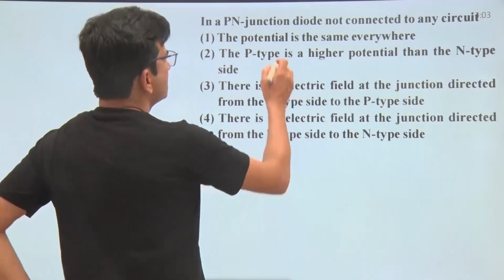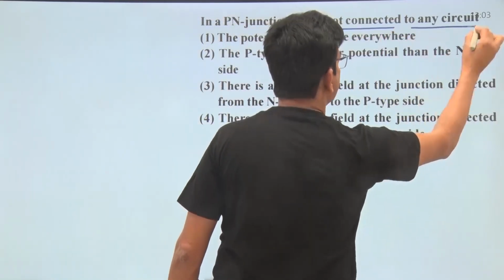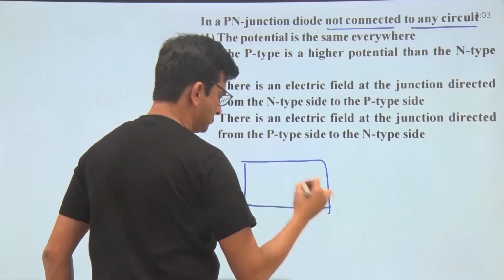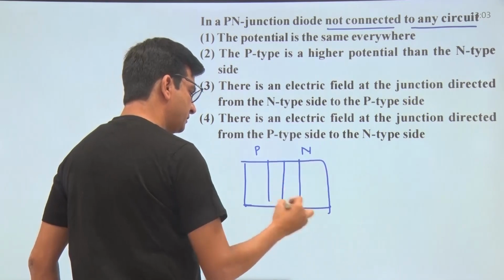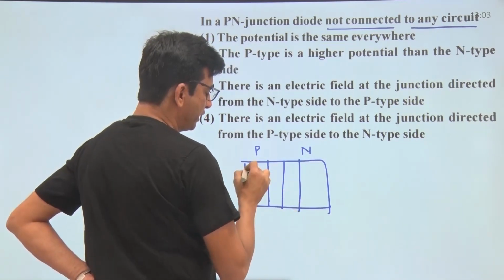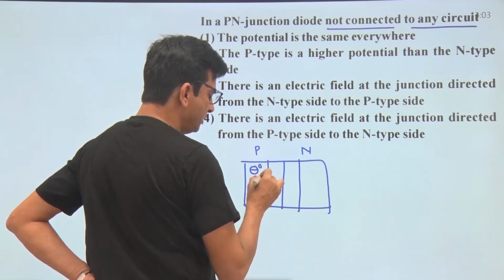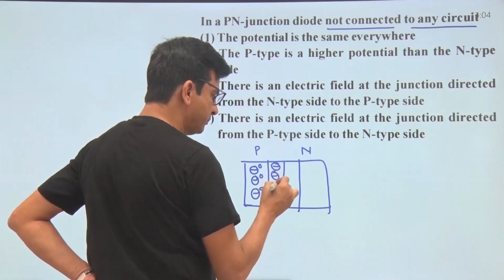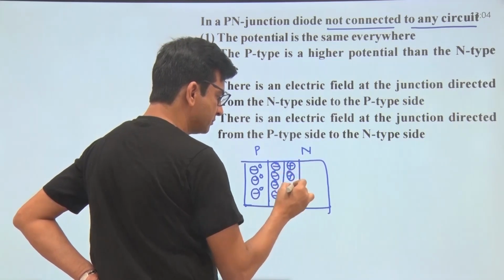Hello guys, let us solve this question. In a PN junction diode not connected to any circuit, this one is PN junction, and this one is depletion layer. Now, in P part, there are immovable negative ions with holes. On the depletion layer, this side is negative, and in N part, this side is positive.